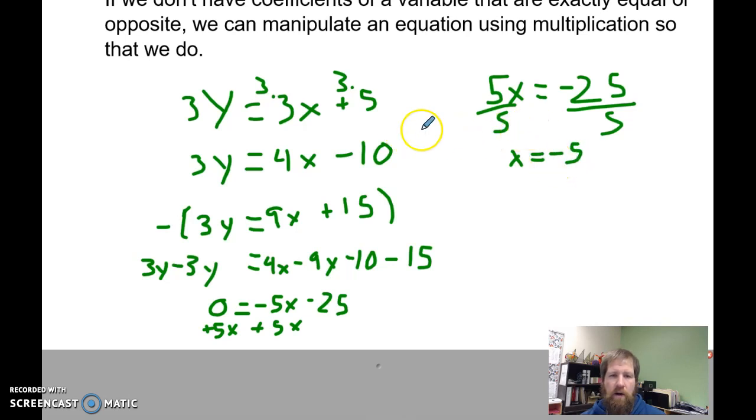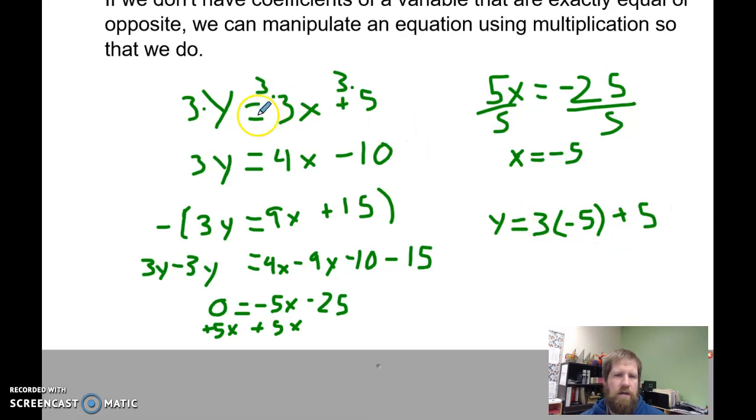Now I can plug that back into either one of these equations, or, and this is generally the easiest, you plug that back into your original equation. Remember my original equation was just y is equal to 3 times negative 5, that's my x, plus 5.